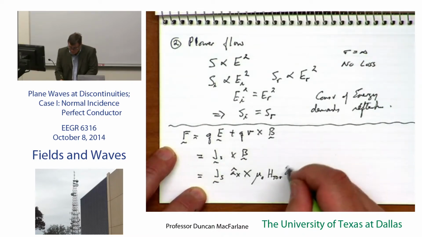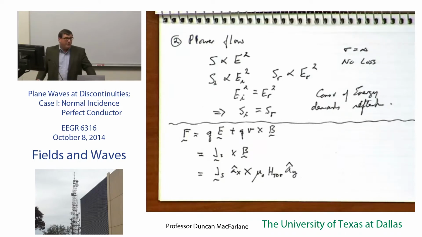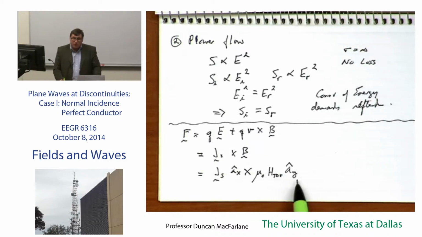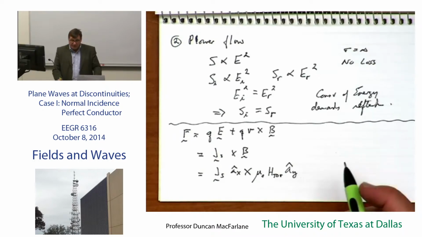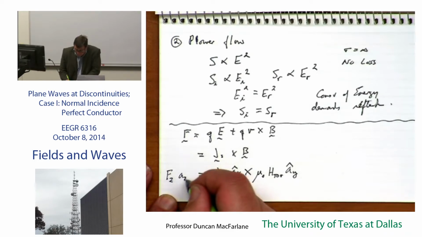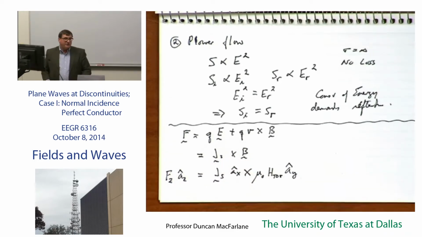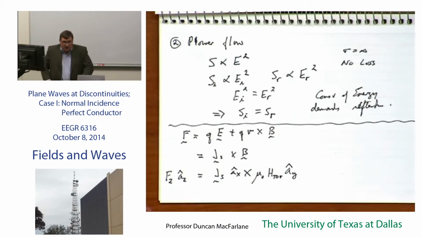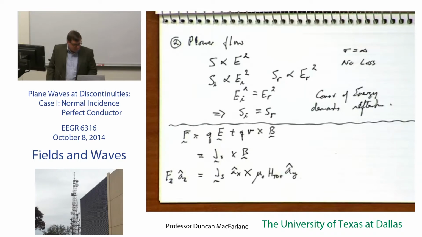And the B field, multiply H by mu to get the B field, points in the y direction. So x crossed with y gives me z, so that there's a force F sub z, A sub z. Okay? It's potentially a force, A sub z, F sub z, and it points onto the surface of the metal.